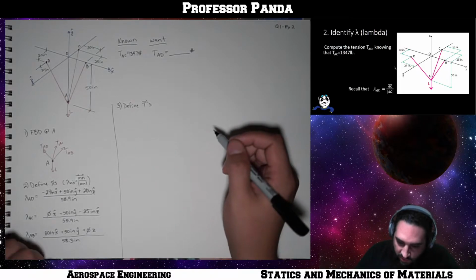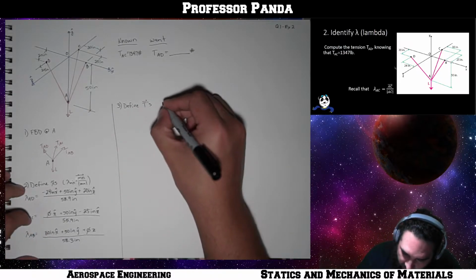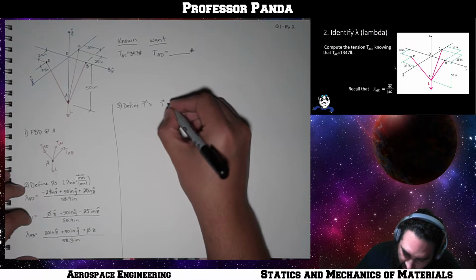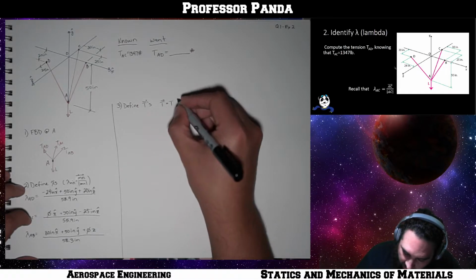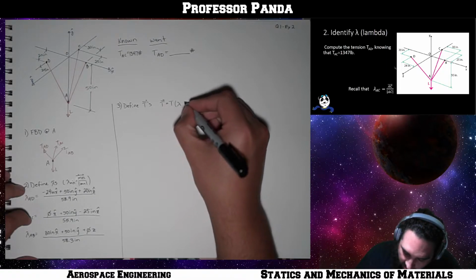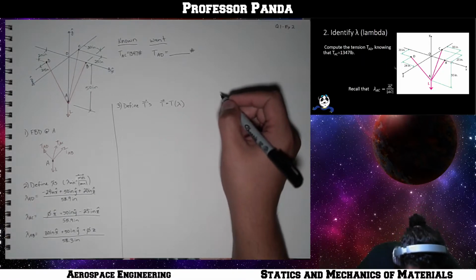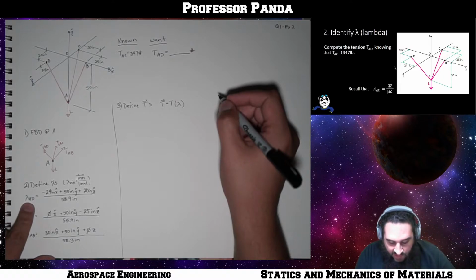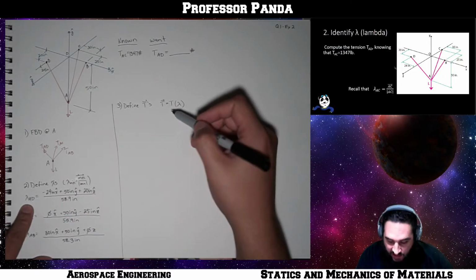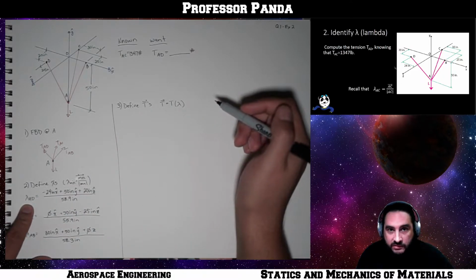Okay, so in order to get our vectors, we're going to have to define the tension vector equal to the magnitude of the tension, multiply that by lambda. Because lambda will tell us how much in each direction.